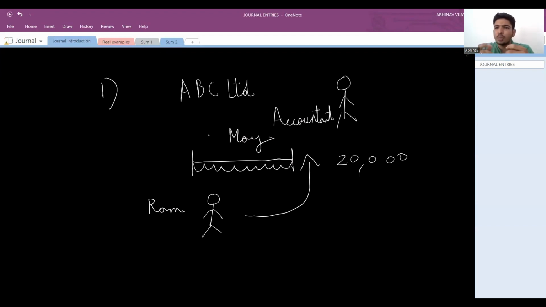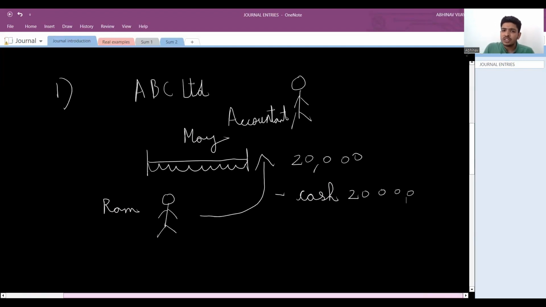Because salary is just a name. You've never seen the physical form of salary. Actually, you pay him cash. Whenever I ask what do you actually pay him, you have to say, I pay him cash. So cash, 20,000 rupees gets reduced from the business at the end of May.